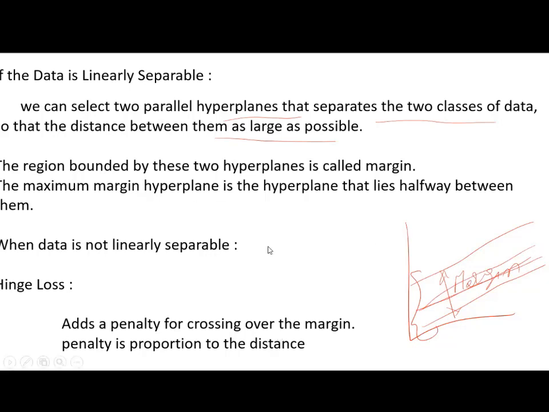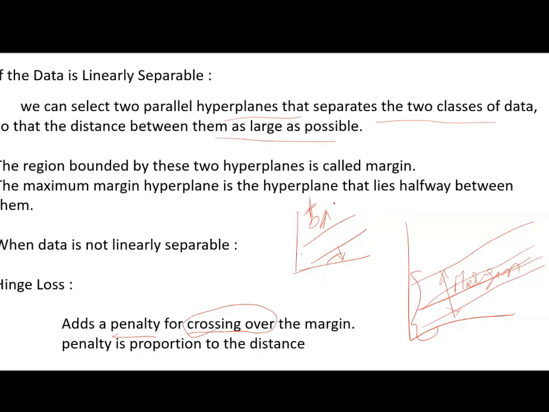When data is not linearly separable, then you have to take what is called a penalty, a penalty for crossing over. Whoever crosses the margin, whoever crosses the boundary, only they will be calculated. Positives are here, negatives here.